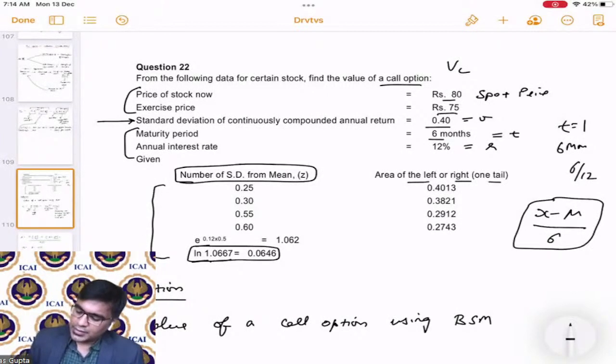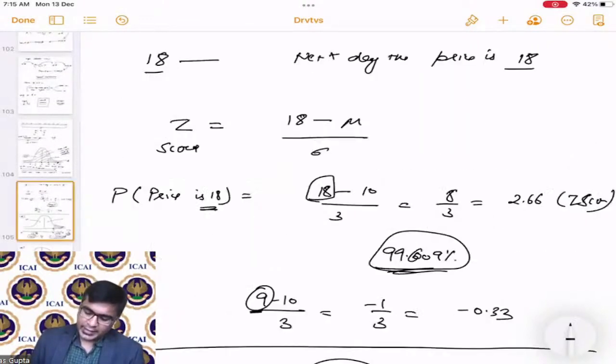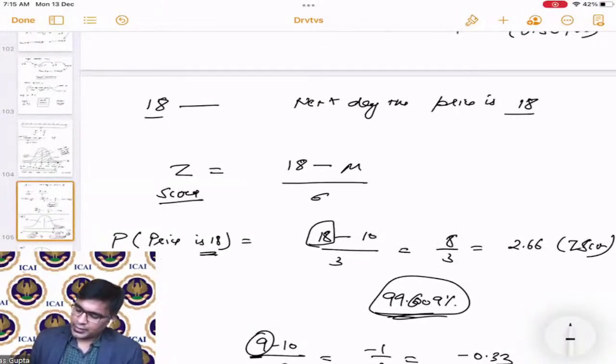So while understanding the concept, we studied that we have to calculate the z value, and the z value is always calculated by subtracting the mean and dividing by the standard deviation. If we go back here, this was our z score, correct?